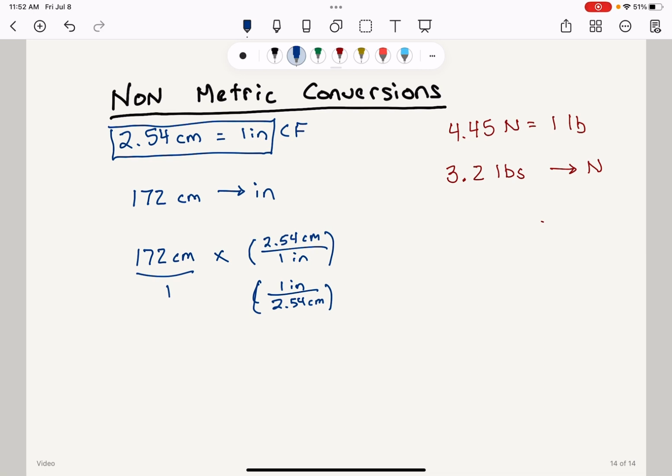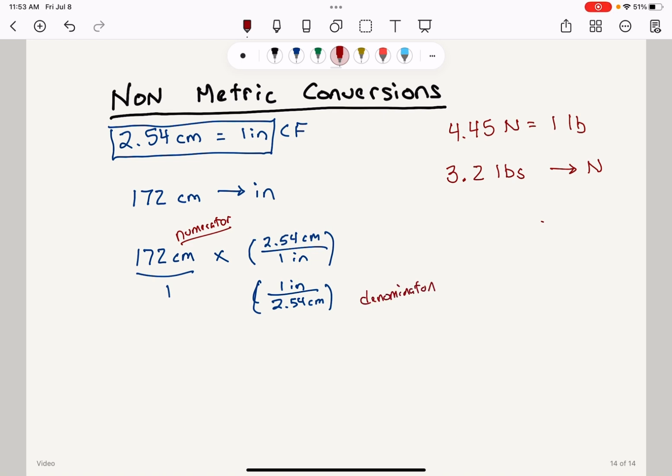So centimeters is in the numerator. I don't want the centimeters anymore; I want inches. In order to cancel the centimeters, centimeters has to be in the denominator in the conversion factor.